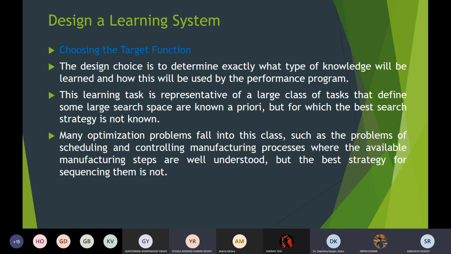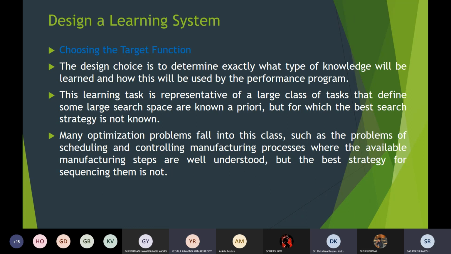But there is a problem with this large search space: when we use this information a priori, it is very difficult to find the best search strategy among this large number of search spaces.